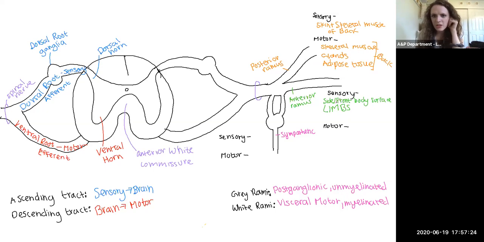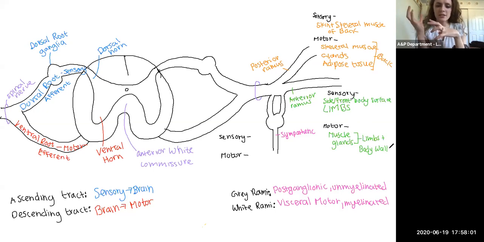Your motor function of your anterior ramus is going to be to skeletal muscle, glands of your limbs, and body wall. Just meaning your side. Okay, so anterior ramus, let's say you got poked with a needle in your limb and you're like, ouch, that hurts.